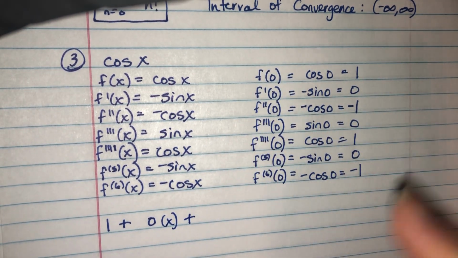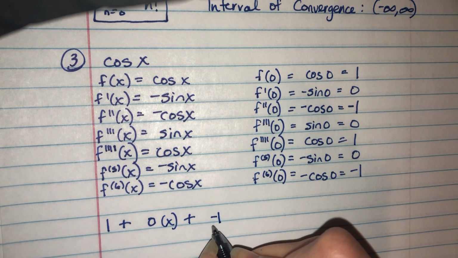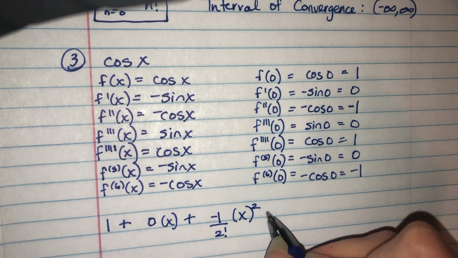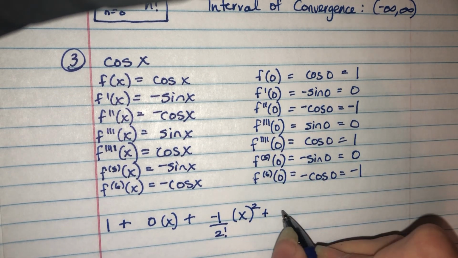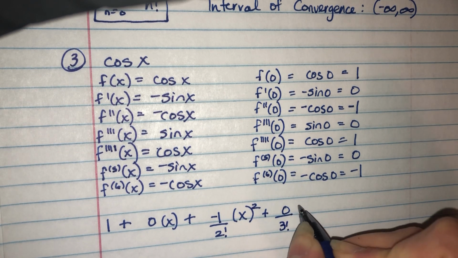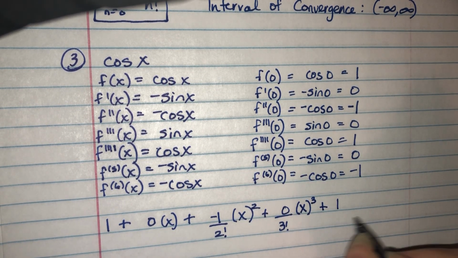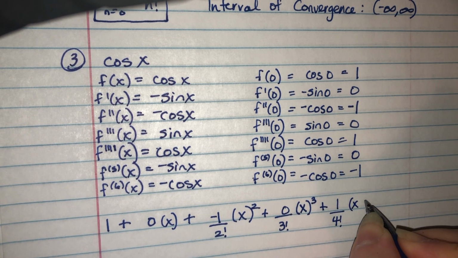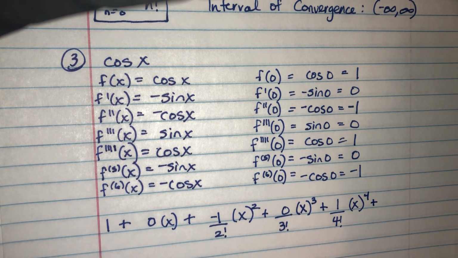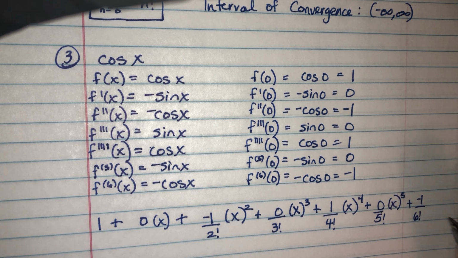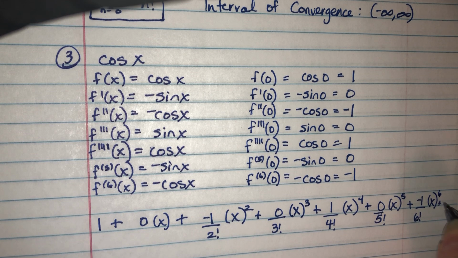And then the third term is f double prime of 0, which is negative 1, over 2 factorial times x minus 0 squared, plus, now we're going to go to the third derivative, 0 over 3 factorial times x minus 0 cubed, plus, now we're doing the fourth derivative, which is 1 over 4 factorial times x minus 0 to the 4th power, plus the fifth derivative, 0 over 5 factorial times x minus 0 to the 5th, plus the sixth derivative, which is negative 1 over 6 factorial times x minus 0 to the 6th, plus dot, dot, dot.